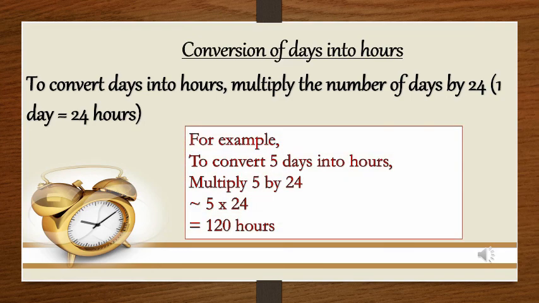If I tell you to convert 5 days into hours, you have to multiply 5 by 24 because you know that 1 day is equal to 24 hours. So 5 multiplied by 24 is equal to 120 hours, or you can say that 5 days will be equal to 120 hours.